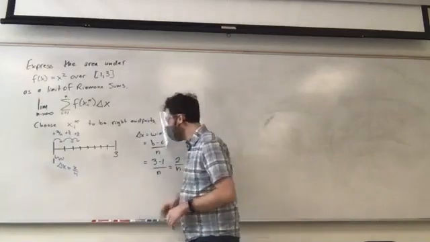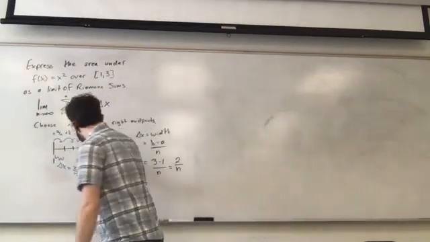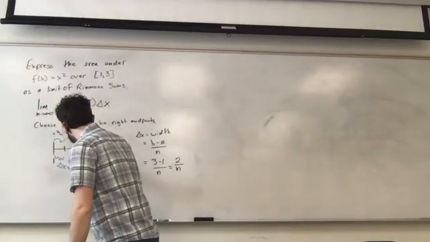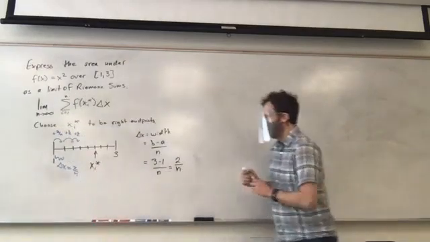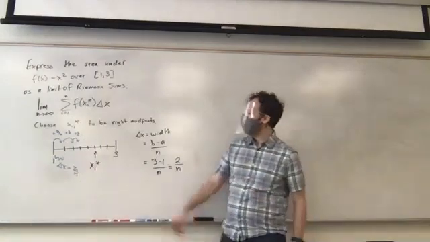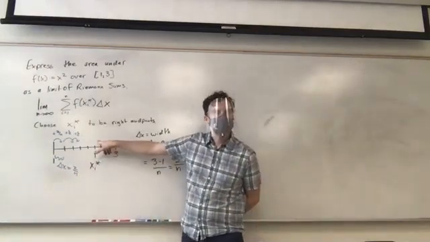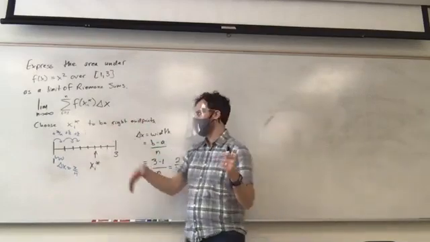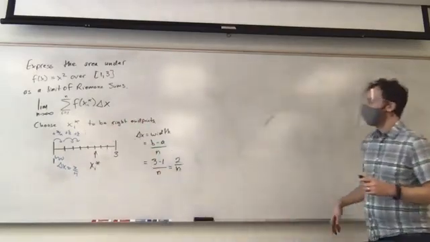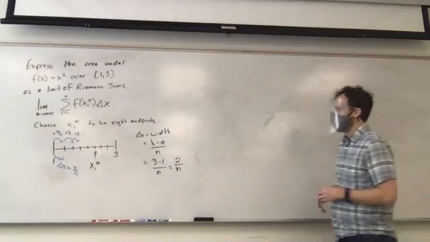So if we wanted to know what was, say, something out here, and I said, what if I take the ith right endpoint? I meaning which interval in our list of intervals you are looking at.